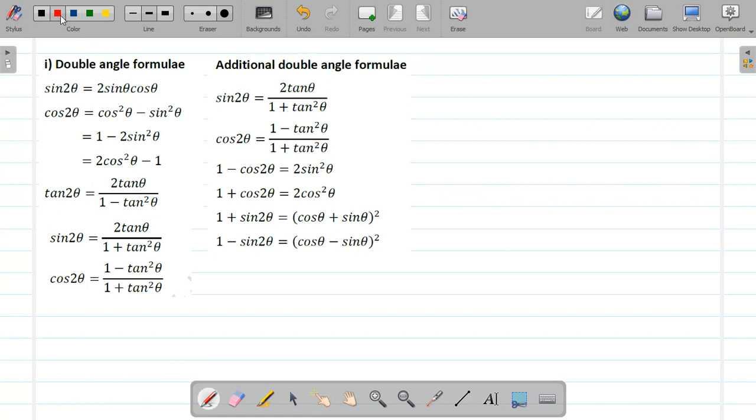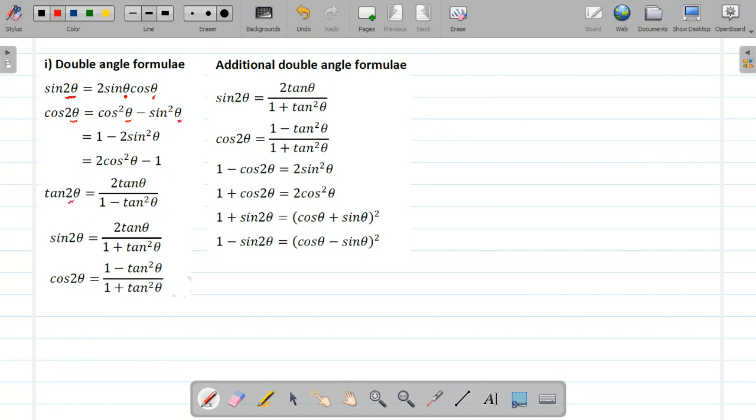Now if you observe the LHS and RHS of every formula, then what do you observe? See here, the left hand side contains the double angle. See here, the first formula sin 2 theta, and on the right hand side there is a single angle theta. Here also the left hand side is 2 theta and the right hand side's angle is theta.